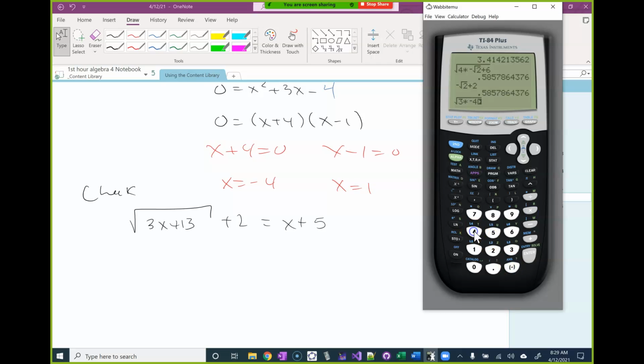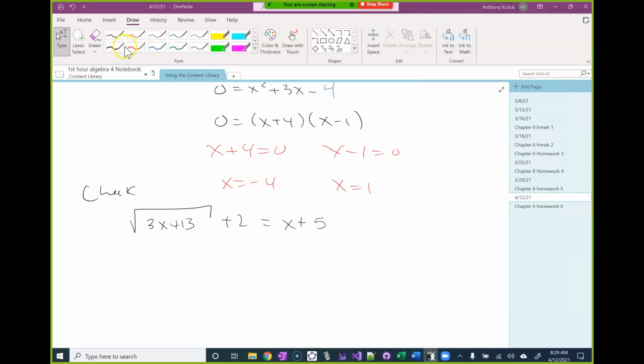So we'll use the -4 first. So 3 times -4 plus 13, all under the square root, plus 2. So that one didn't work.